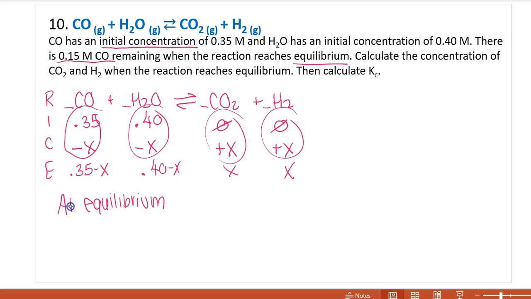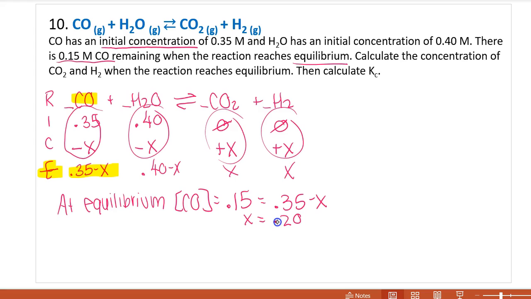So I know at equilibrium, concentration of carbon monoxide is equal to 0.15. Well, I also know at equilibrium, concentration of carbon monoxide is equal to 0.35 minus x. So I can set this equal to 0.35 minus x, and x is going to be equal to 0.20.